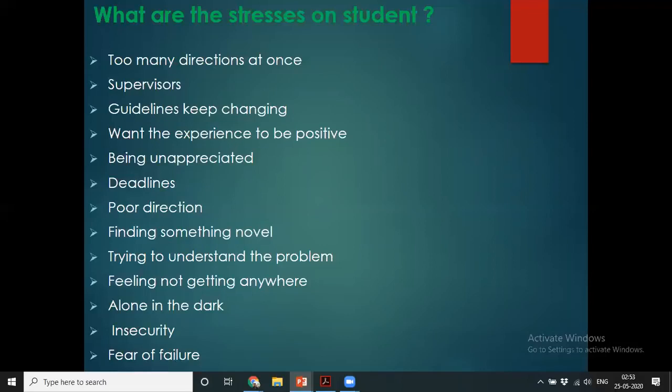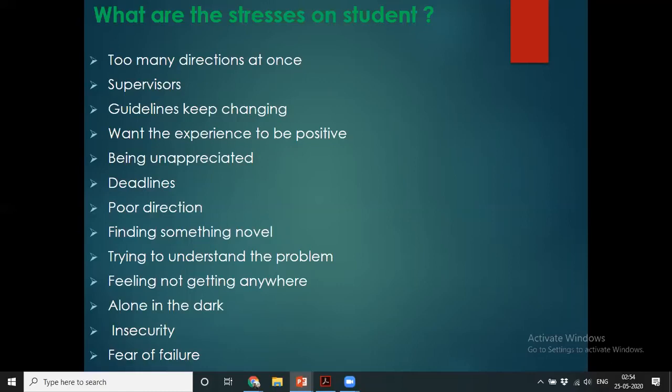Then, due to the supervisor also, some students get stressed, because some supervisors intentionally pressurize the research scholar, by which sometimes they get stressed. Then guidelines keep changing. If your supervisor gives you a deadline and after that changes that particular deadline, in that case also the student gets stressed.